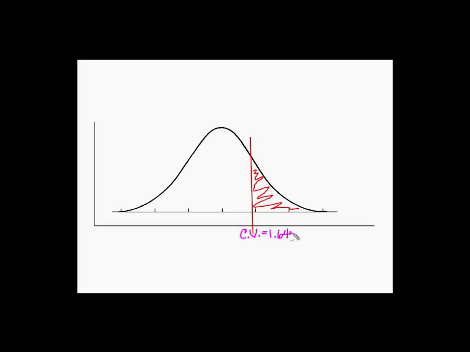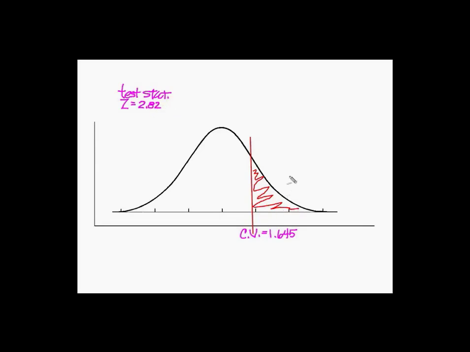And I know from Minitab that my z-score that was calculated from my data, which becomes, remember, my test statistic, was equal to 2.82.